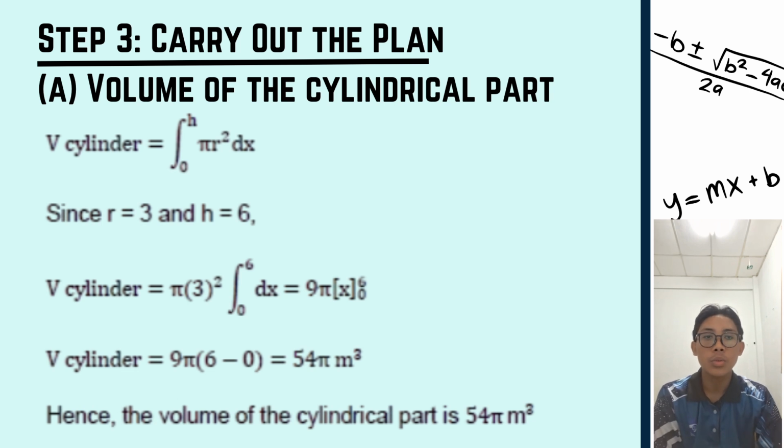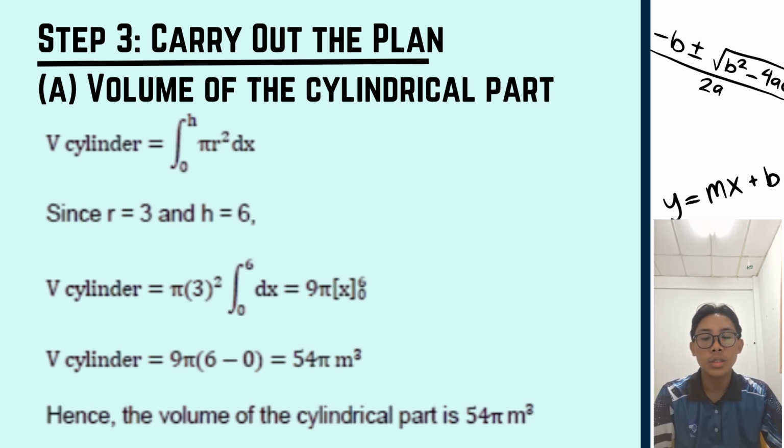Step 3, carry out the plan. First, we need to find the volume of the cylindrical part. So as I said before, we need to use this method in this part. So we need to integrate pi r squared dx, and the limits will be 0 and the height of the cylinder, that is 6 meters.